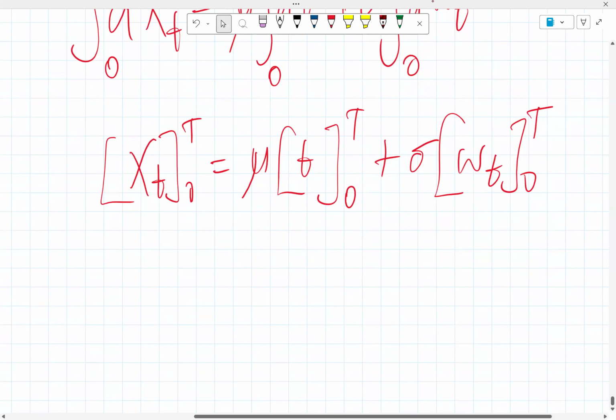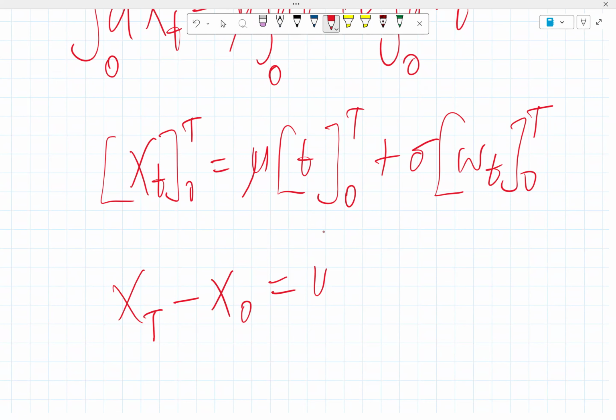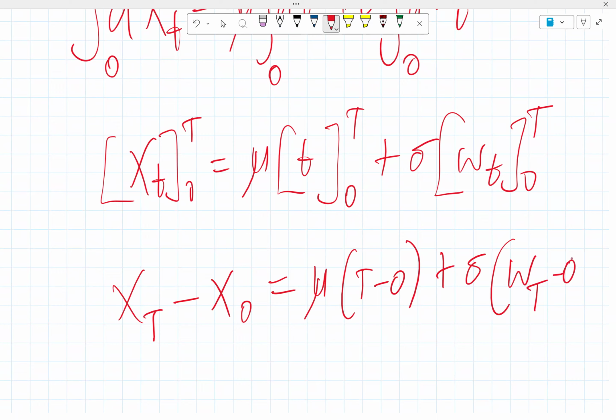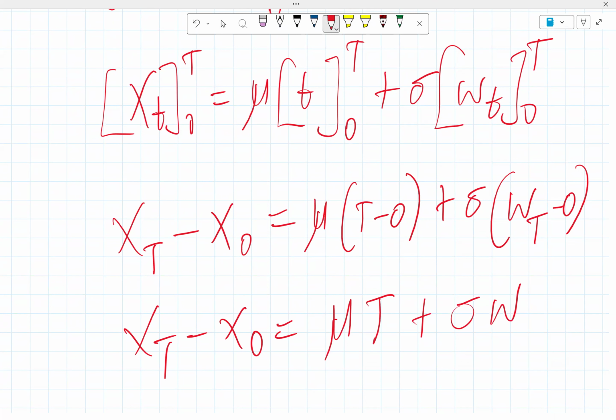So that means here we have x_t minus x_0 equals mu t minus 0 plus sigma W_t minus 0. So that's x_t minus x_0 equals mu t plus sigma W_t.